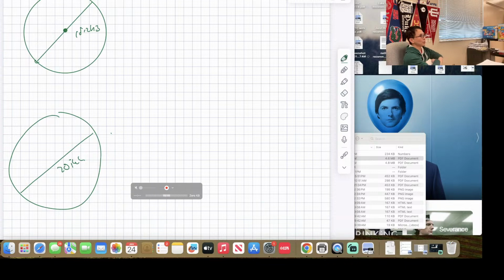Let me ask the people who vote the smaller tire is going to be faster. Raise your hand. Smaller tire. You have to vote one. Smaller tire or bigger tire? Who's going to go faster? Same RPM, different size of tire.